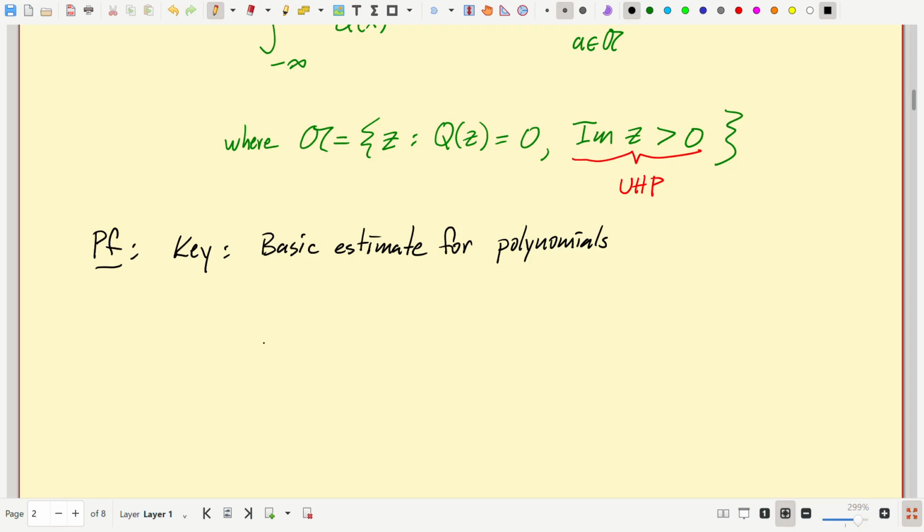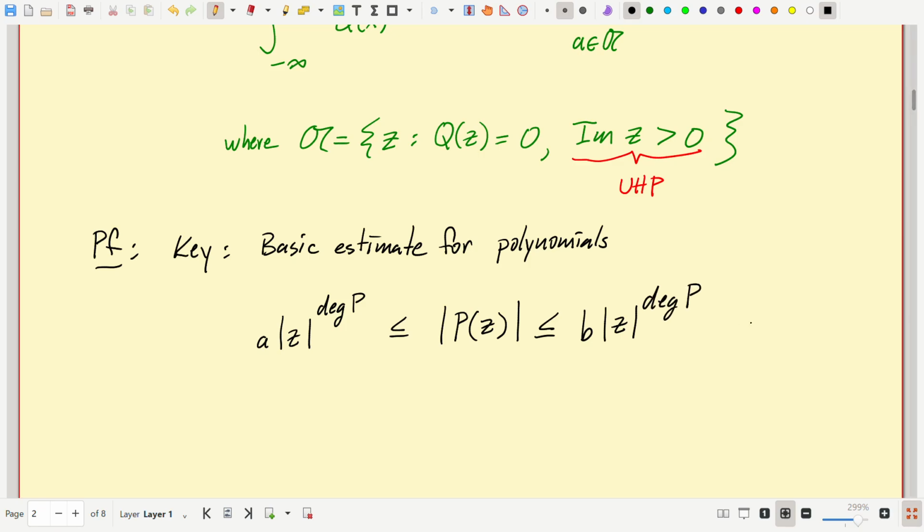Remember what it said is that there'd be a constant so that the polynomial p grows like z to the degree for big z. And so the basic estimate was, I'll use a b here, mod z to the degree of p. And that was true when z was outside some circle of radius, I'll call it r sub p.